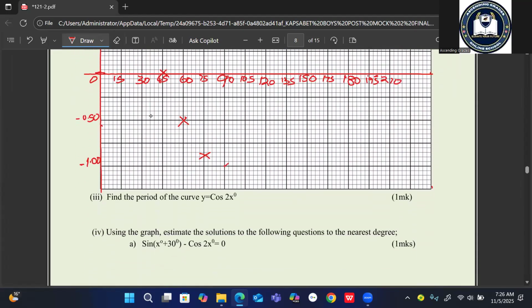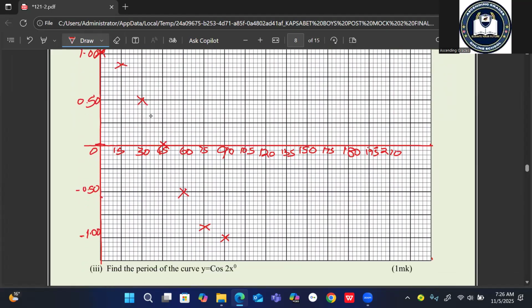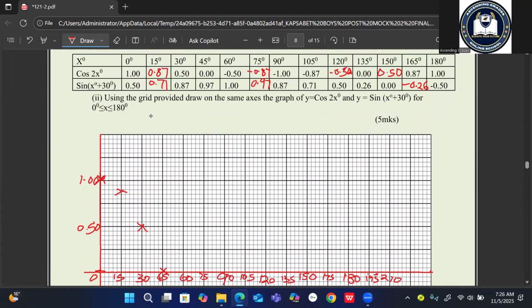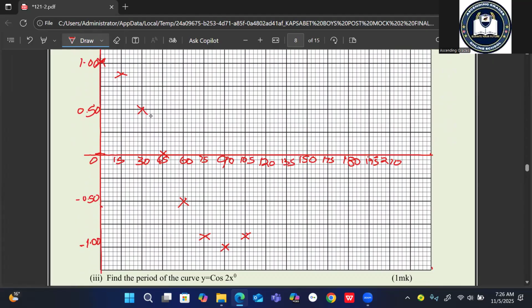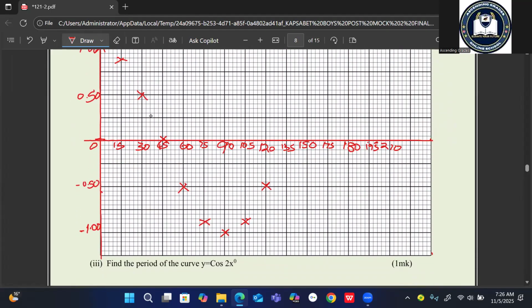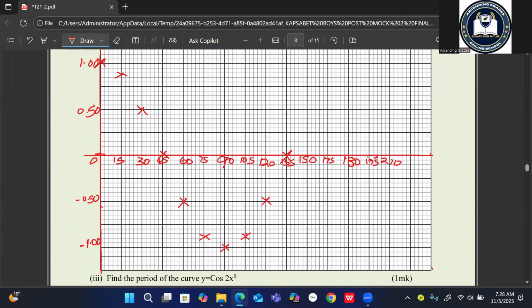Next one is 105, negative 0.87. Next one is 120, negative 0.5. Next one is 135, 0. Next one is 150, 0.5.